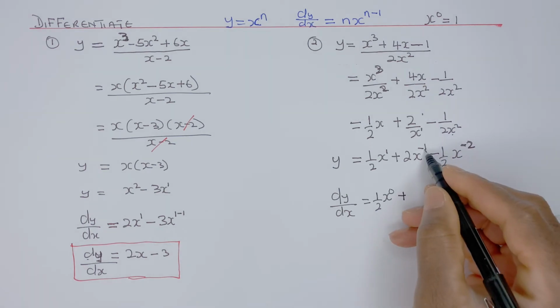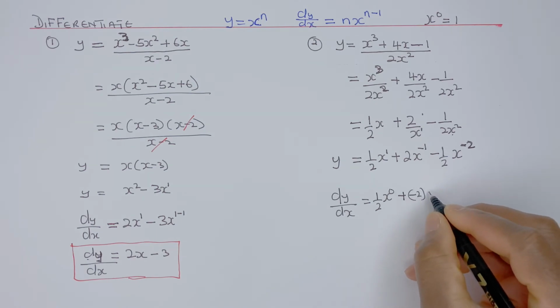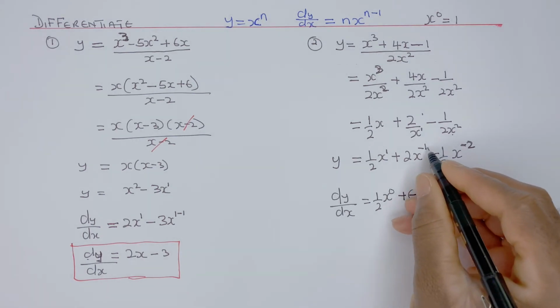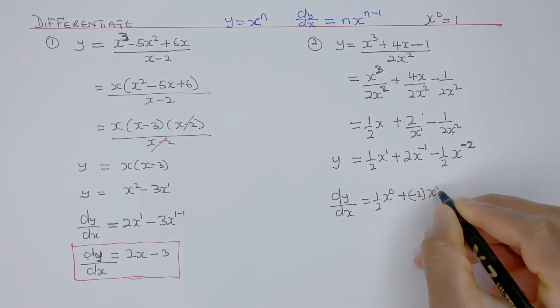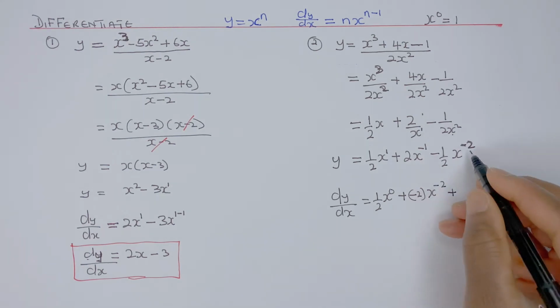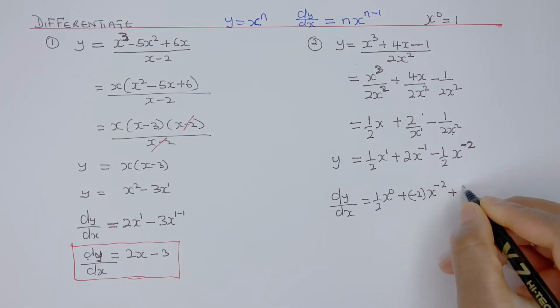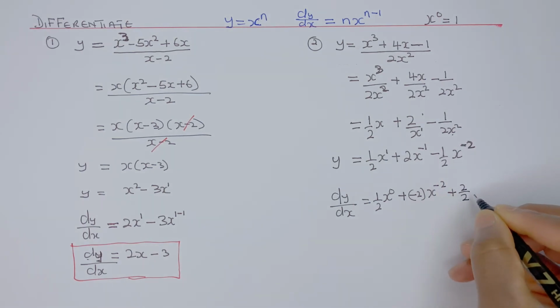Plus minus 1 times 2 is minus 2, right? And then x to the power minus 1 is minus 2. Again, plus, well, actually that's minus, but minus 2 times minus a half is plus 2 over 2.